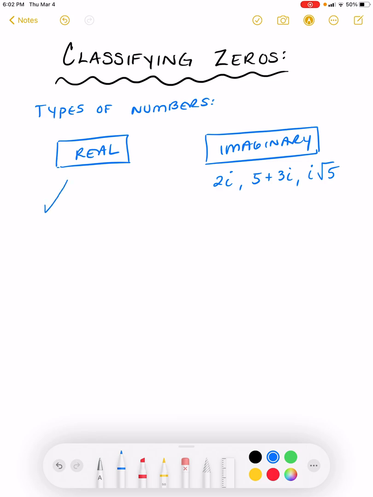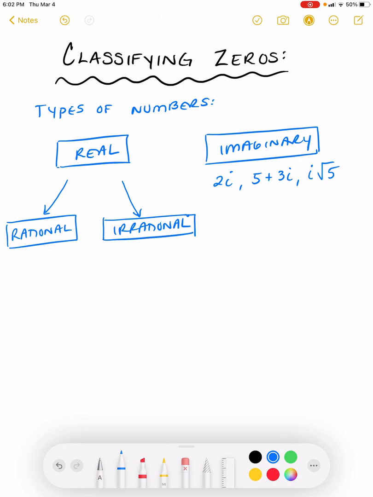Real numbers can then be divided into two subcategories: rational or irrational. Rational numbers are your whole numbers, integers, fractions, and decimals. So 2 is rational, 0 is rational, negatives are rational.